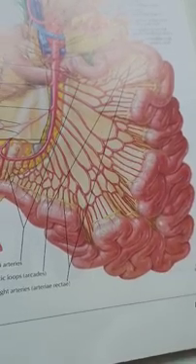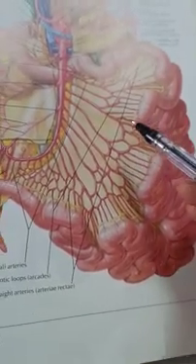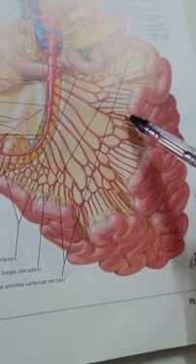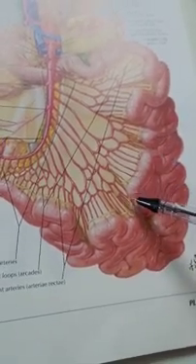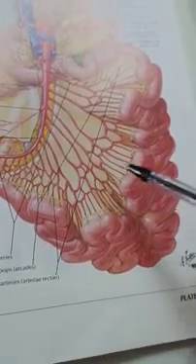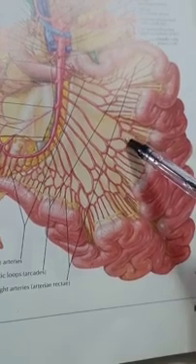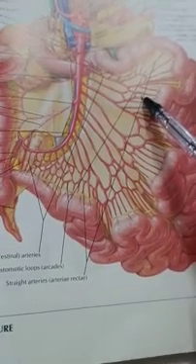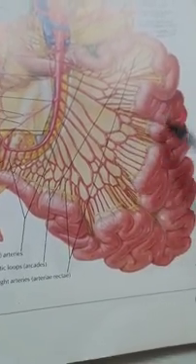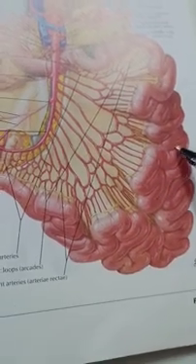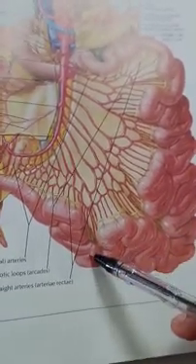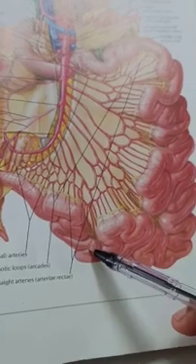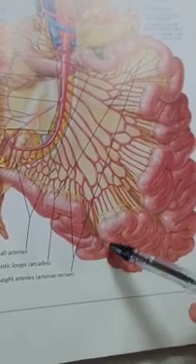Here we can see the upper 2/5, known as the jejunum, seen towards the left upper part of our abdomen. Towards the right lower part of the abdominal cavity we can see the ileum.